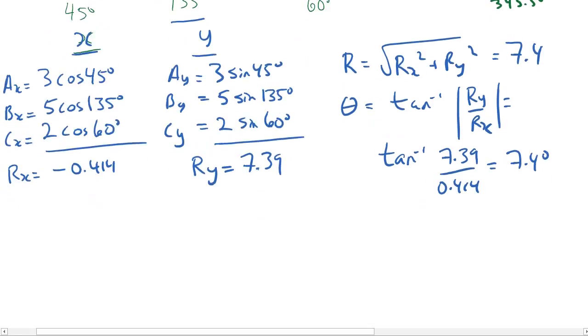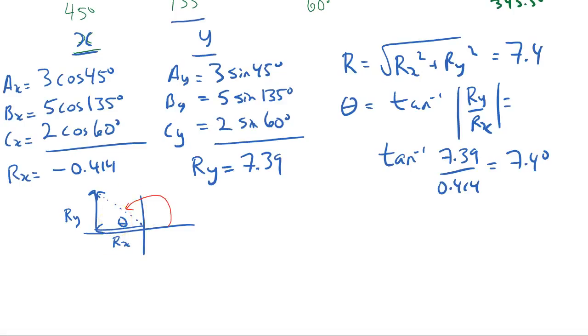So thinking now about which quadrant that is in, my Rx is negative, and my Ry is positive. So here's my resultant. This is the angle that we just figured out, 7.4 degrees. So thinking about what that would look like, my direction here is going to be equal to 180 minus 7.4 degrees.